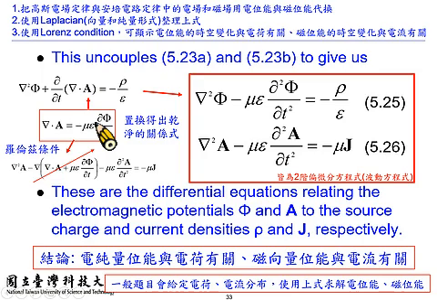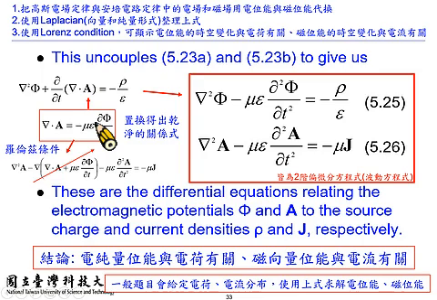Alright? So here we successfully express the electrical charge source and the electrical current source, rho and J, in terms of the electrical scalar potential phi and the magnetic vector potential A, in the form of a wave equation. So they are the differential equations relating the electromagnetic potentials phi and A to the source charge and source current, rho and J respectively.